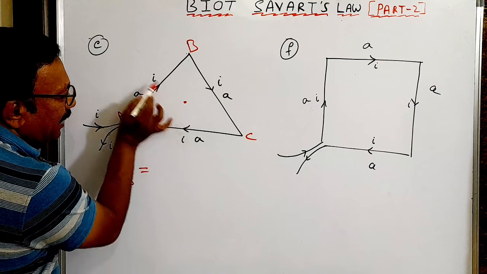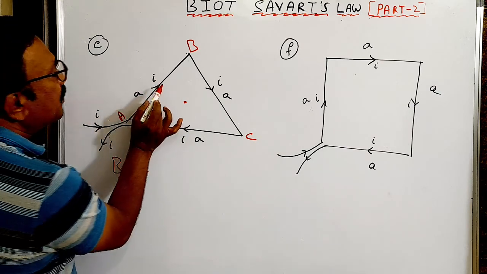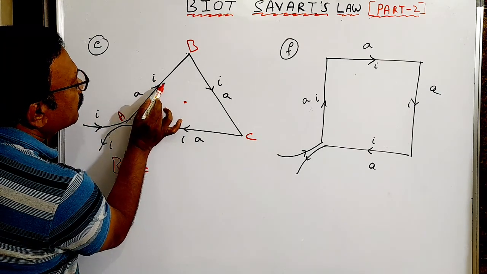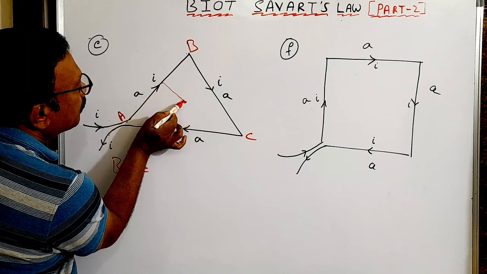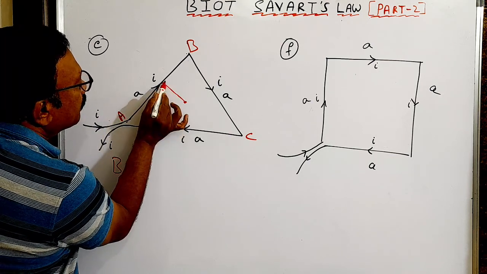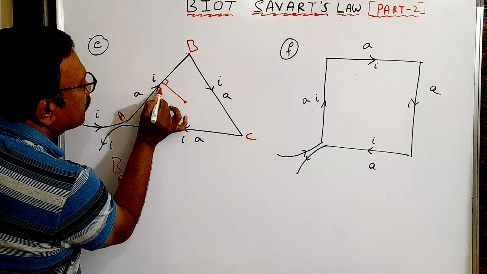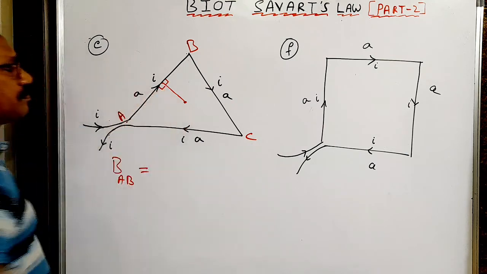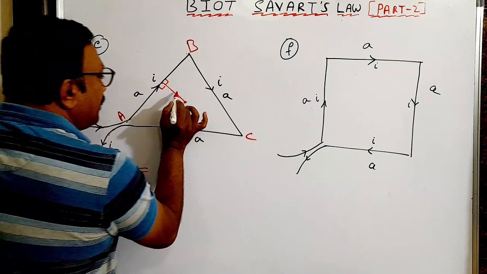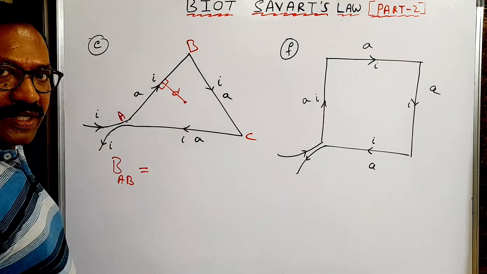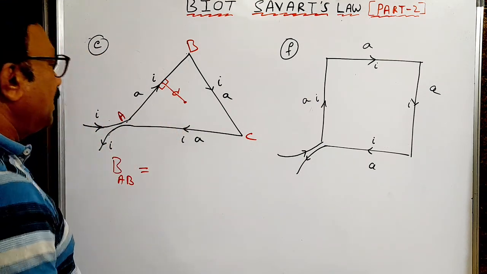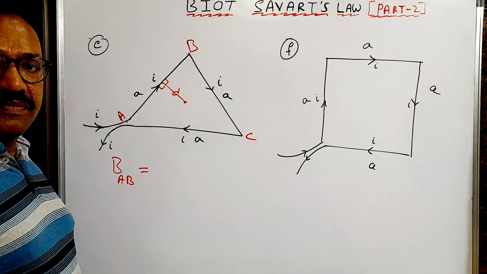So for this point I want the perpendicular distance now. So this is the perpendicular distance. This d is not given. We have to find it out because I want to substitute in the formula. Next, theta 1 and theta 2.